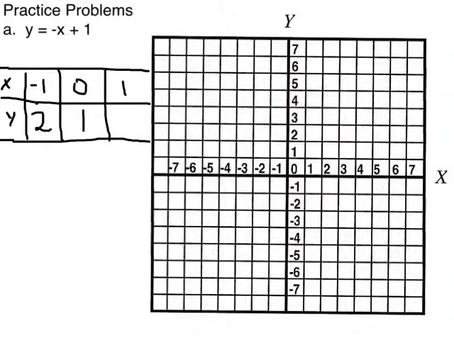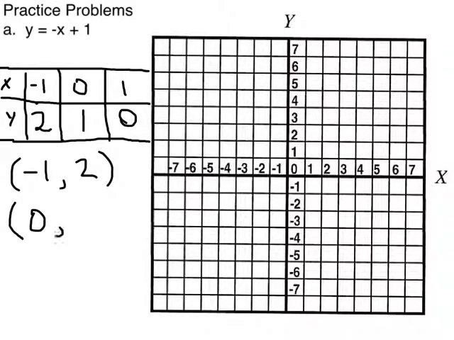And if x is 1, -1 plus 1 is 0. So let's graph that and form our line. Our 3 ordered pairs would be (-1, 2), (0, 1), and (1, 0), and that's what we're going to plot.